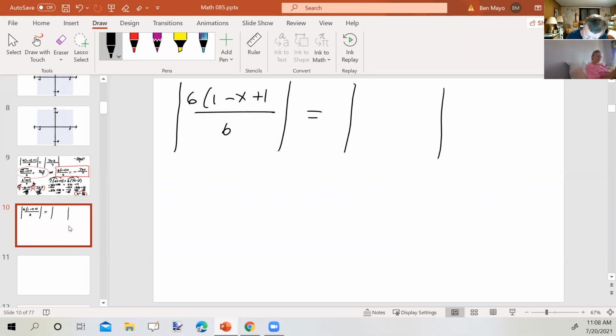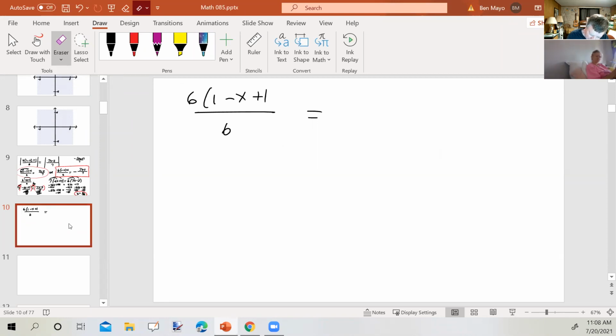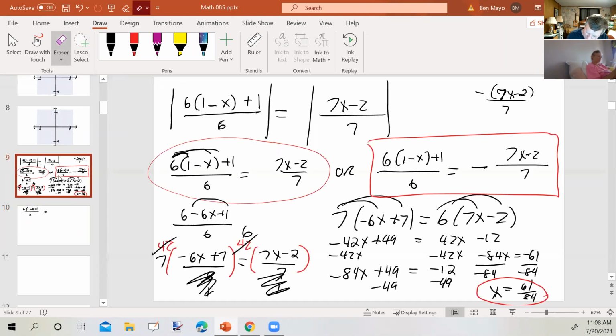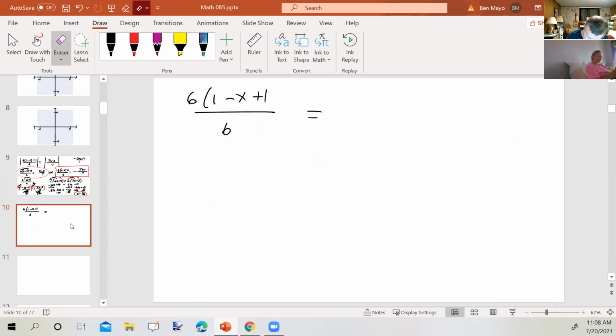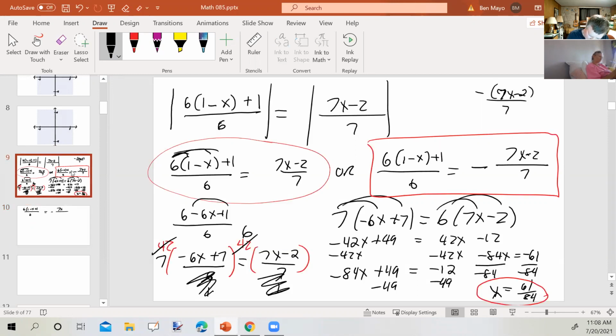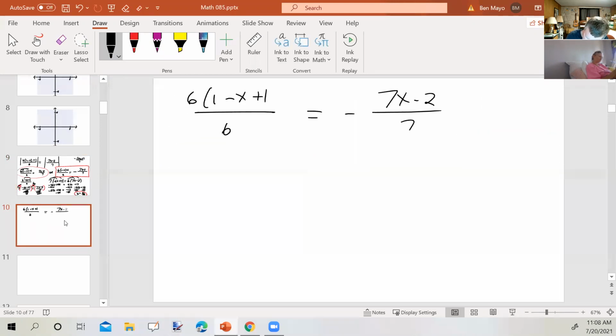So, oops. Oh, wait a minute. My bad. Going back and forth like this, I don't have the absolute value bars, do I? The disadvantage of small pages here. So I've got a negative, and then 7x minus 2 all over 7.